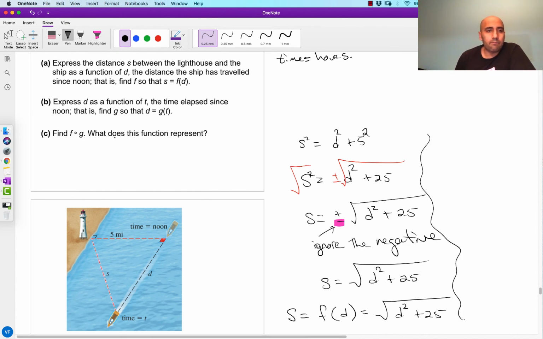Now let's look at B. Express d as a function of t, the time elapsed since noon. Well, that one's extra easy. We are told that the ship is traveling at 20 miles per hour. So the speed of the boat is equal to 20 miles per hour.